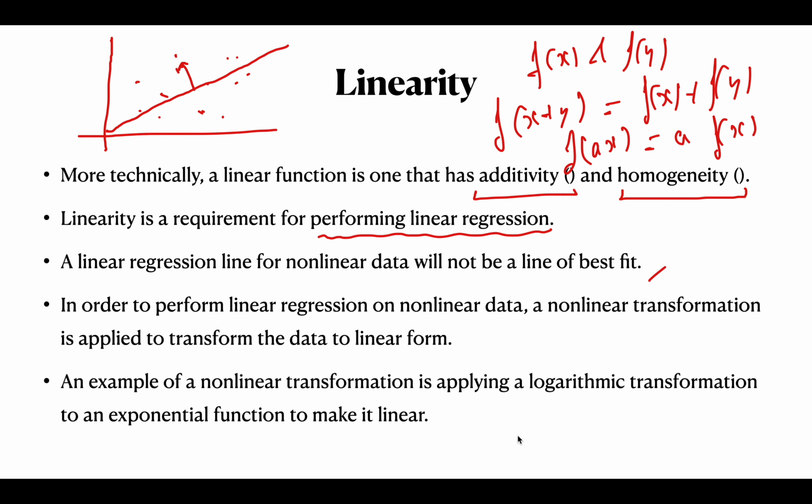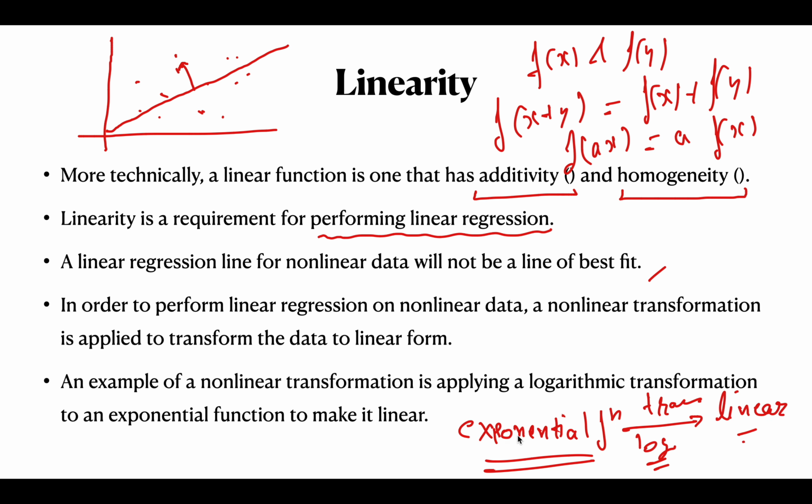Let's say you have some exponential function, and this is not linear. You can't apply linear regression on an exponential function because you will not get the line of best fit. There will be a lot of errors. So you will apply the transformation on this data by using the logarithmic function. When you apply the log on the exponential data, you get linear data. So you have converted your exponential data to linear data.